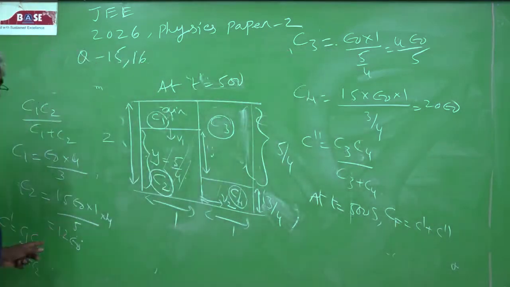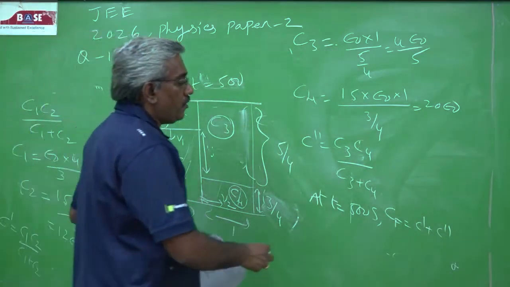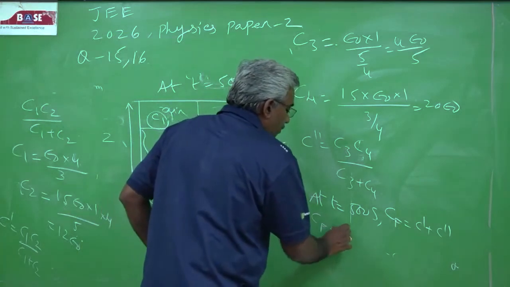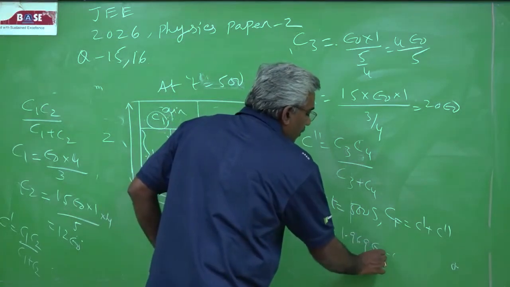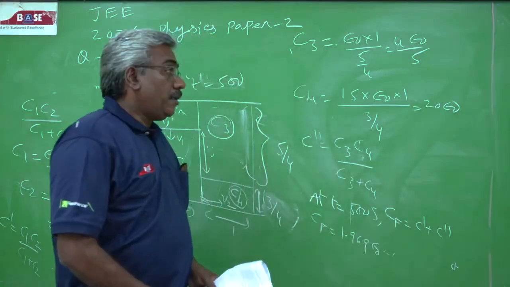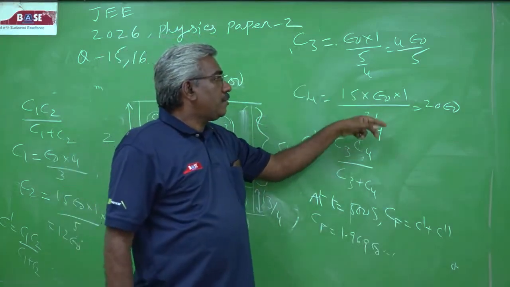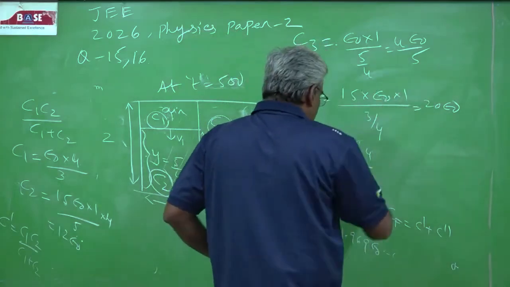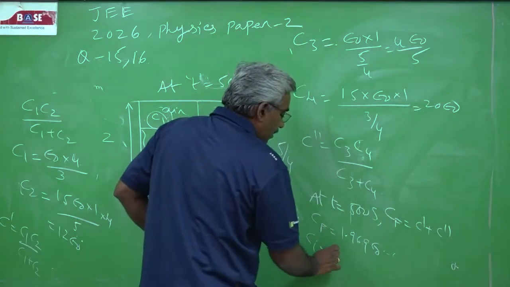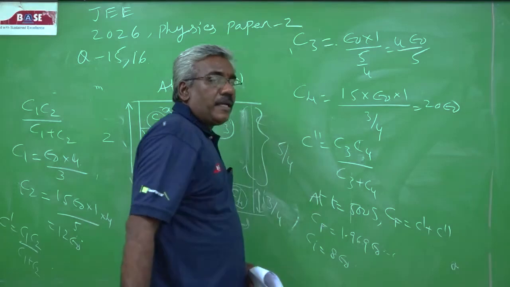If you do that simplification, what you get is CF is equal to 1.69969 epsilon naught. Initial capacity of system, in the previous discussion, what you got is 8 epsilon naught.